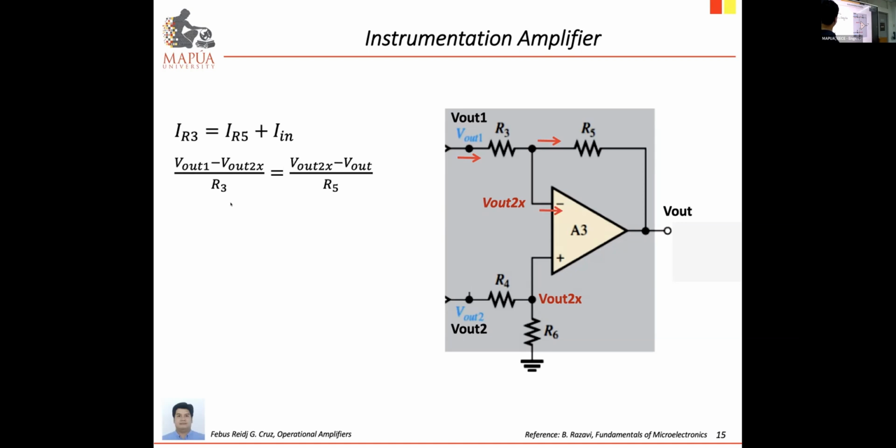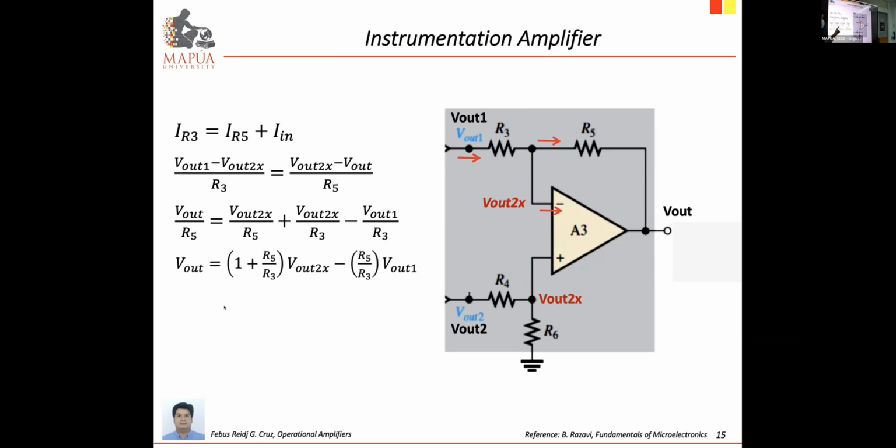Then for the current along R3, you have (V out 1 minus V out 2X) divided by R3. Then current along R5, it would be (V out 2X minus V out) over R5. Okay? So process the equation, we'll have V out in terms of V out 2X and V out 1.